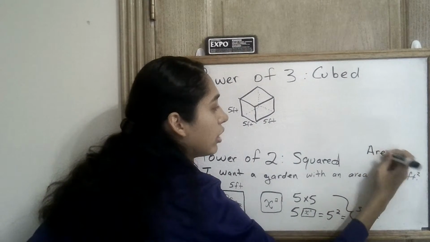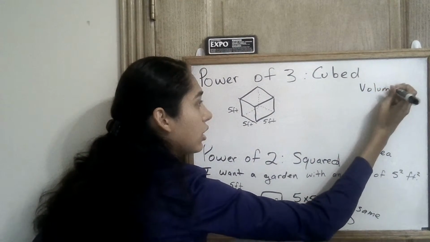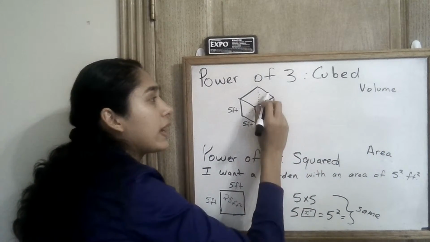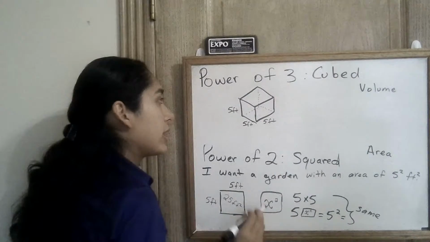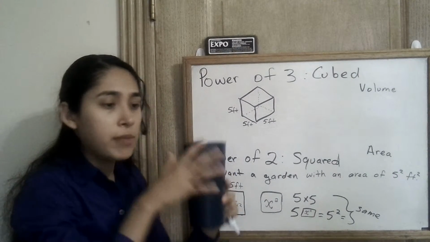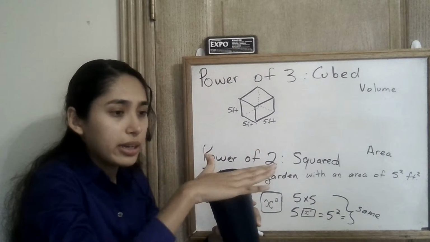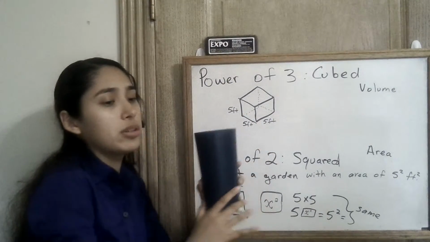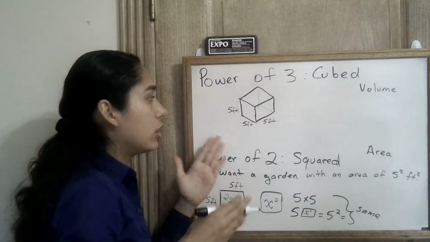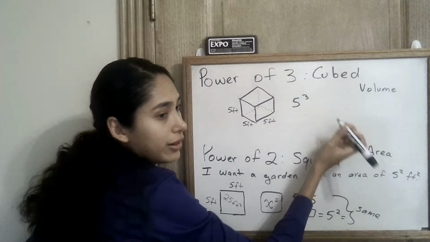So this is how you know, if you ever get a question, that we don't want to just cover the surface. We want to fill a container, like a cup of water. I'm not just talking about the area of how big of a lid I might need. I'm talking about filling this whole container. So here, I'm going to do 5 to the power of 3.